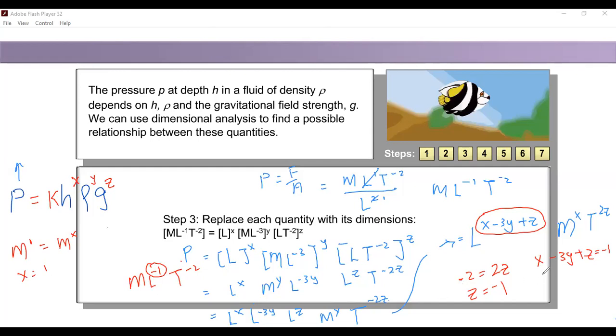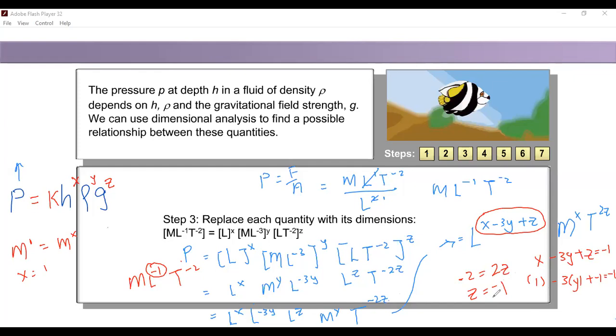What is the value of X? Okay, X. Just now we get X is 1, right? So that means we place in 1 minus 3Y. How much is the Y? Y, we don't know. Okay, Y we have or not? No. Plus Z is negative 1 equal to negative 1. Okay. So that means that Z, let me see. Where is the Z? Z is negative 1.